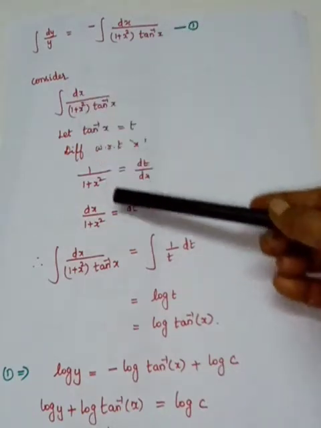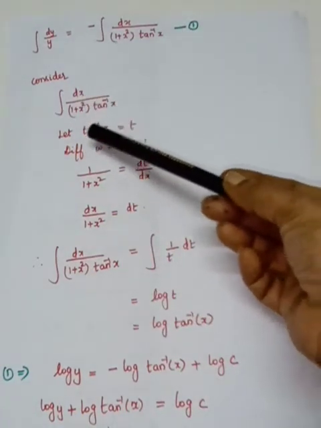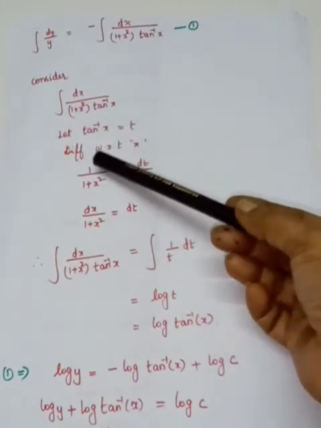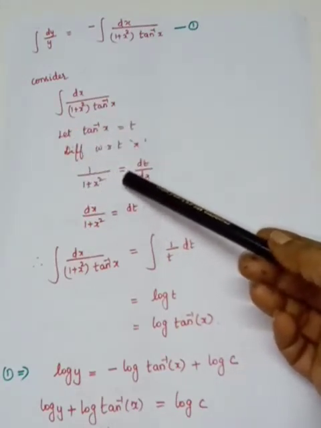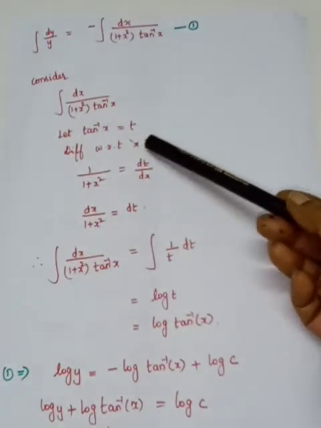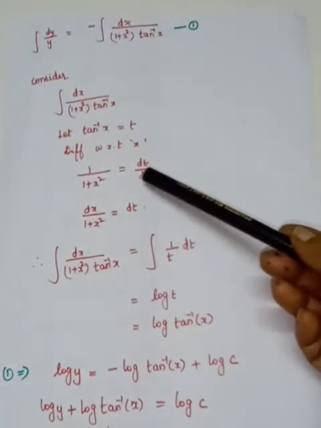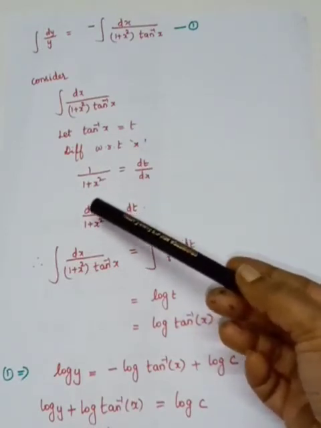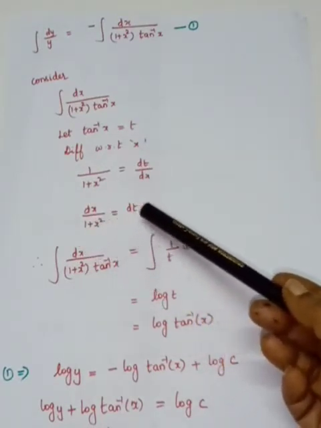Otherwise, you have to do this step. First, tan inverse of x you have to keep as t. And if you differentiate this, 1 by 1 plus x squared is equal to dt by dx. Arrange it. Dx will go to the numerator on the left side. So dx divided by 1 plus x squared is equal to dt.